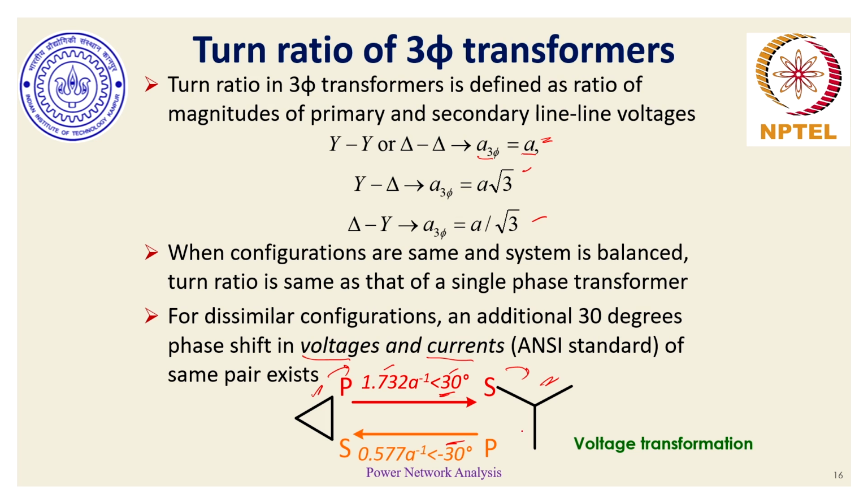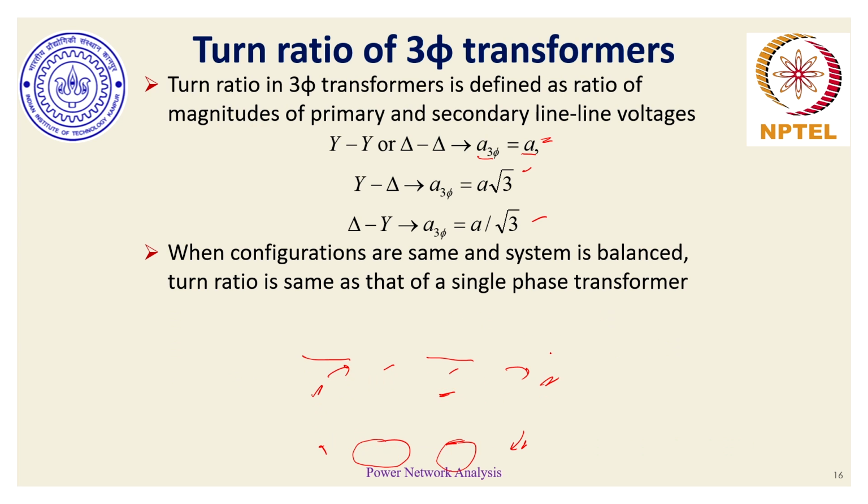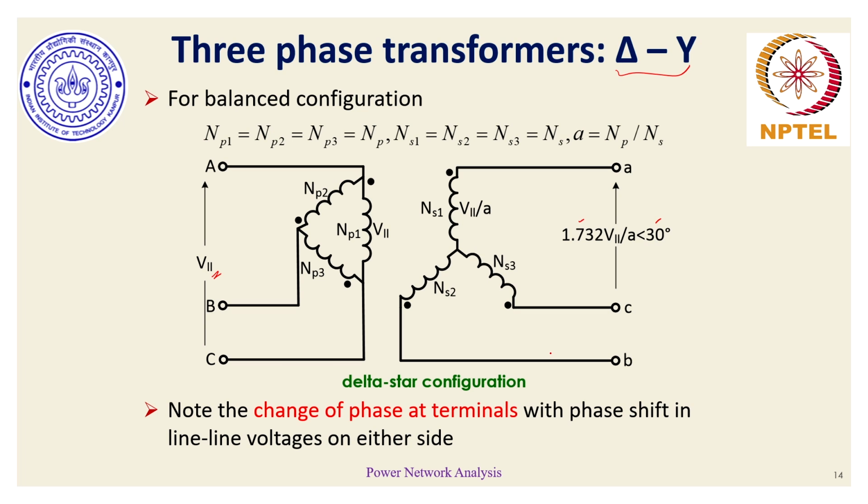And if we have primary winding connected in star and delta connected on the secondary side, the quantities from the primary side should get shifted by a factor of 1 by root 3 with a phase lag of minus 30. That's the simple standard. And if we keep track of this standard defined by ANSI, then our overall analysis becomes much simpler. Why this standard, why this phase shifting happens? The reason for the same has been very well explained in these few slides, slide numbers 13 and 14.